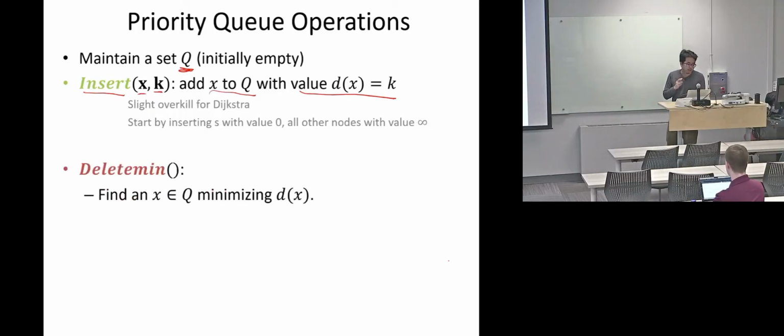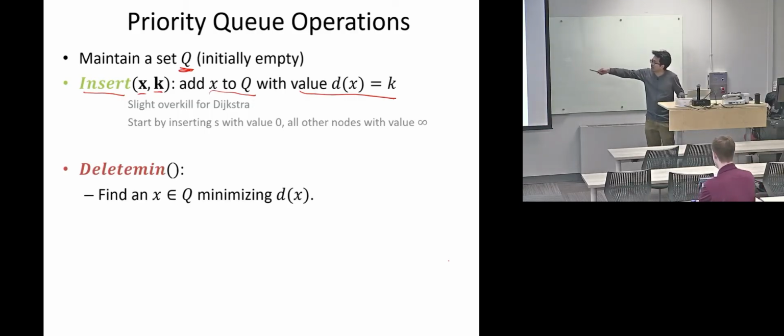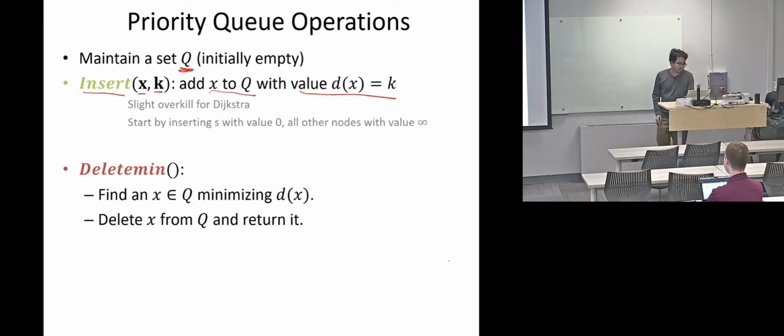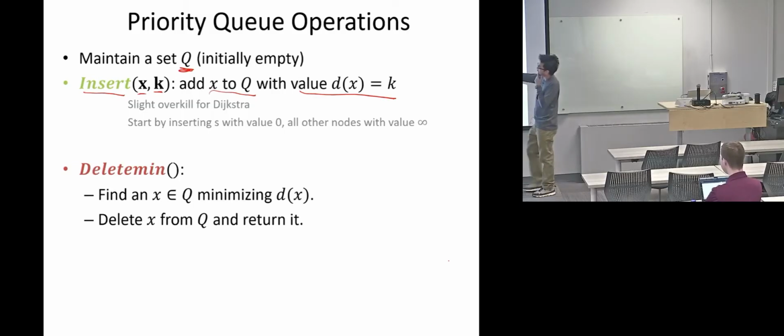That is, find the element that minimizes the value, or minimizes the estimate d, delete x from the queue, and return it. Find the minimum guy, delete it, and return this x to you.